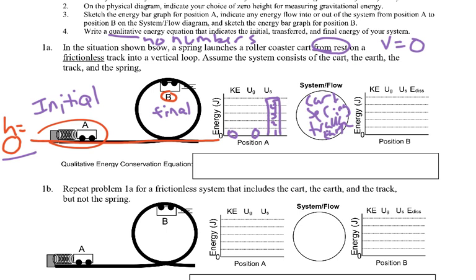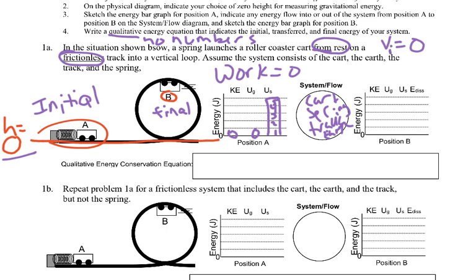It says whatever total energy I start with, I have to have the same amount at the end unless something is transferring energy into the system or out of the system. Well, we have a frictionless track and everything is inside the system. So there's no work being done on this system.